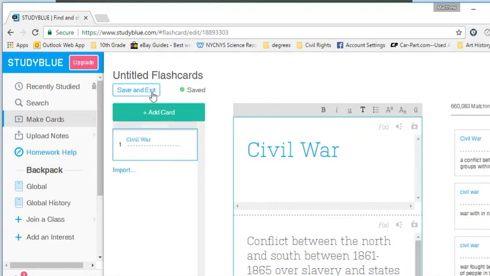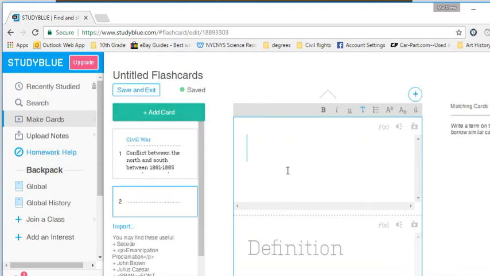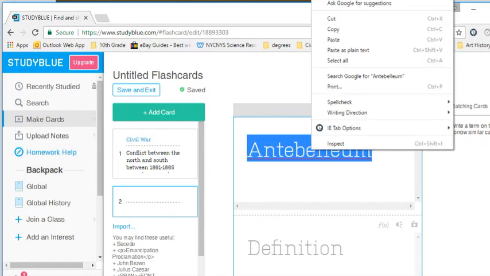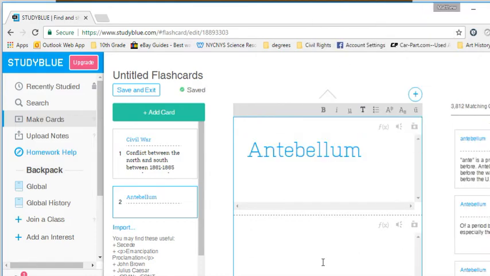Okay, after that I'm going to add a new card. Antebellum. I spelled it wrong, so I'll fix it. Okay. Period before the Civil War. Okay. So basically that you do that.